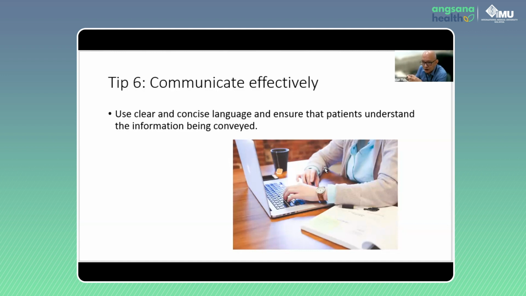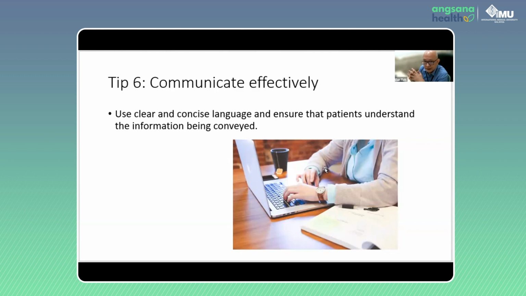Doximity has a text chat, so does Zoom, and so does Google Meet. So never hesitate to type it out. If it is a medical term or a drug name or even a drug dosage, you can say it, but at the same time in the text window say, I'm going to spell out the name of the medicine, and this is what it is. So it's very clear to the patient.